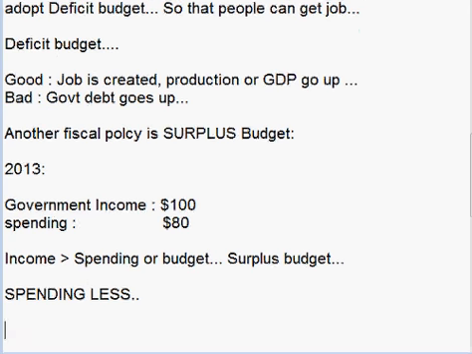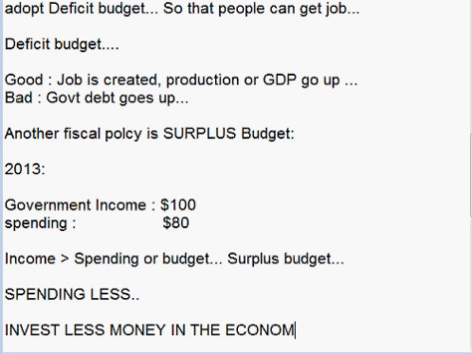That is why the government invests less money in the economy, because everybody already has a job.